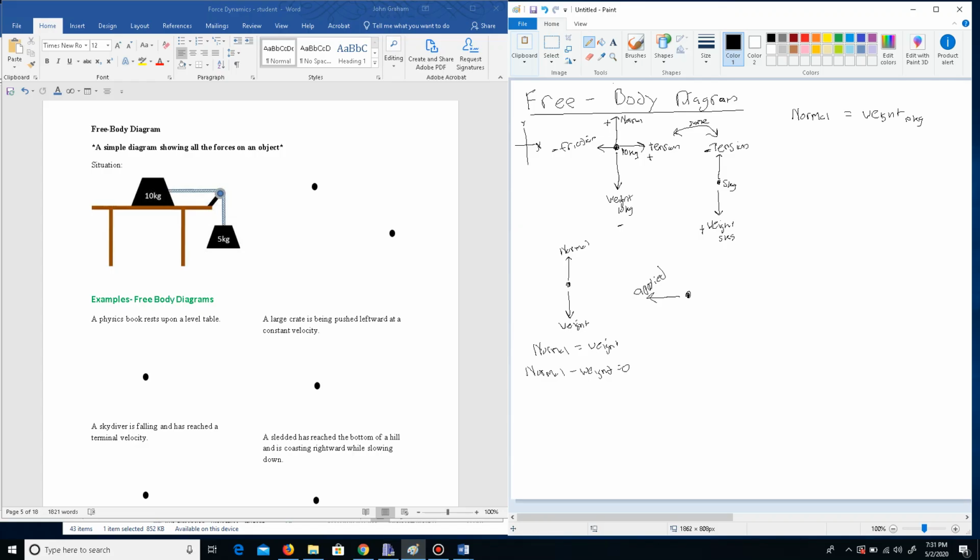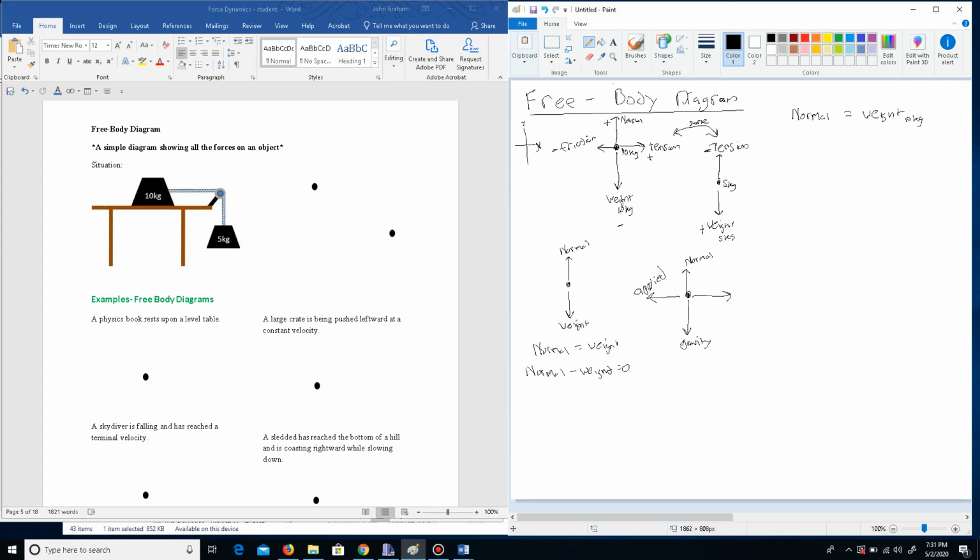Now we're assuming this crate is sitting on something. So there's going to be a normal force up, and there's going to be gravity down. And because we have constant velocity, for this to not have a net force in the x direction, we need something going this way.